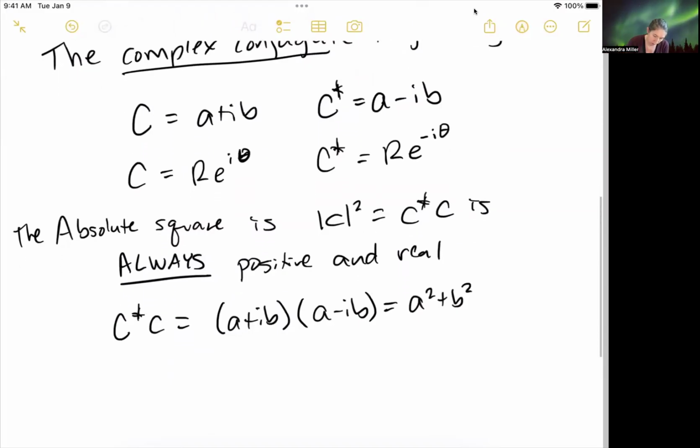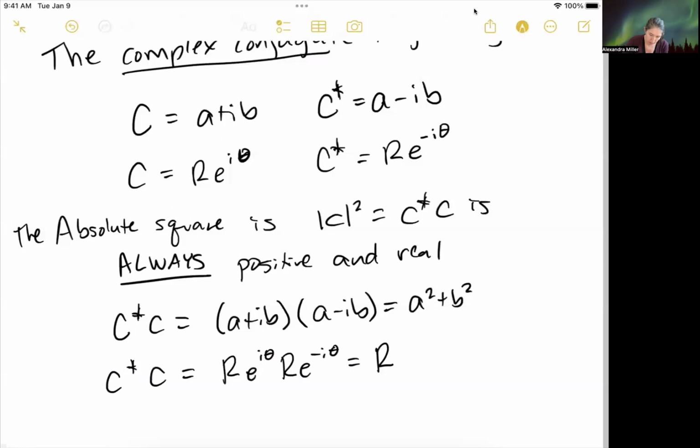We could also calculate it in our polar form, where we have r e to the i theta times r e to the minus i theta. The e to the i theta and e to the minus i theta cancel each other out. They turn into 1. So this becomes r squared.